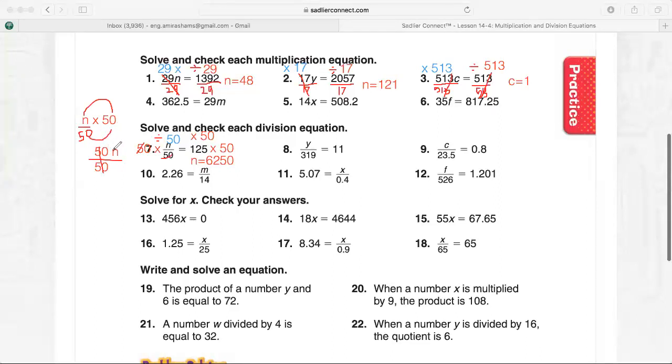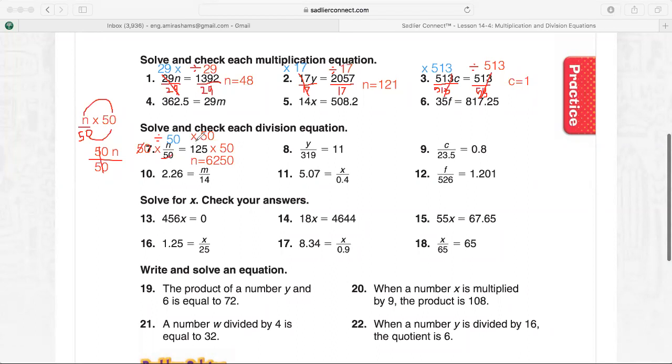So 50n over 50, the 50 will cancel the 50 in the denominator. So n is isolated here. On the other side, I multiplied 125 by 50, which is 6,250. If you want to make sure that your answer is correct, you replace n in the original equation by 6,250 over 50. When you divide the two numbers, you should get 125.